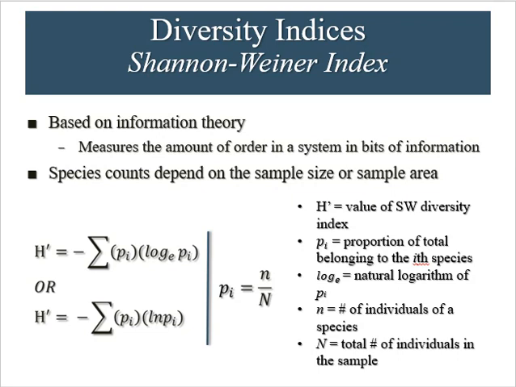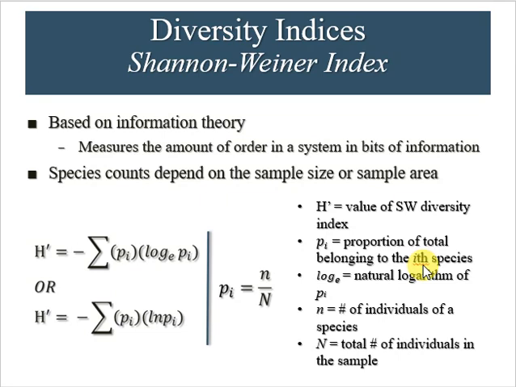Now you calculate this index value, or this diversity measure, which is represented as H prime, by taking the sum of the proportion of the total sample belonging to the ith species, whatever number of species you have total in your sample.